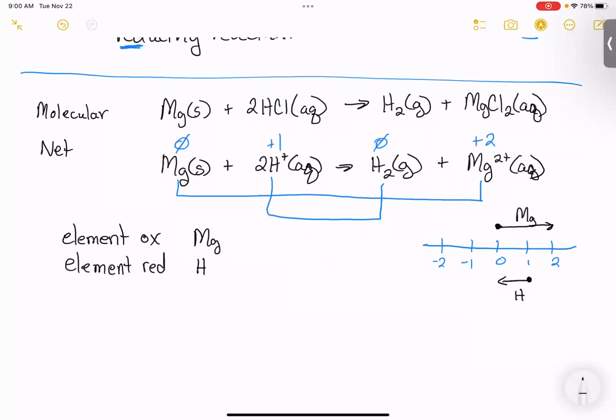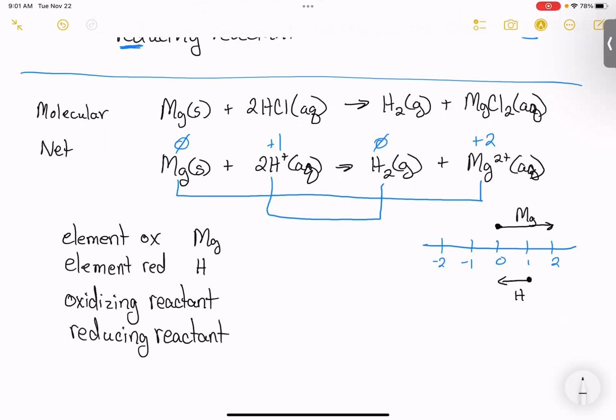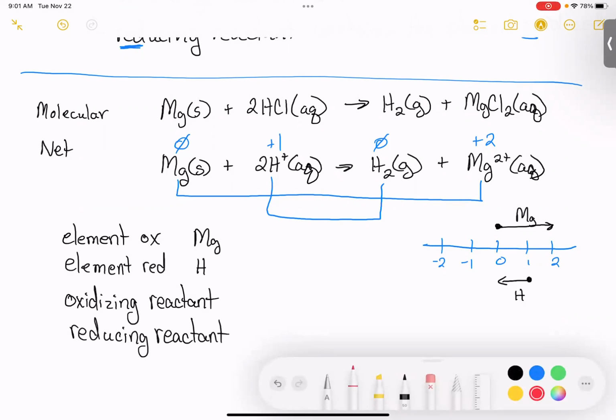Now we can talk about the oxidizing reactant and the reducing reactant. Remember, I underlined some things to help you remember.